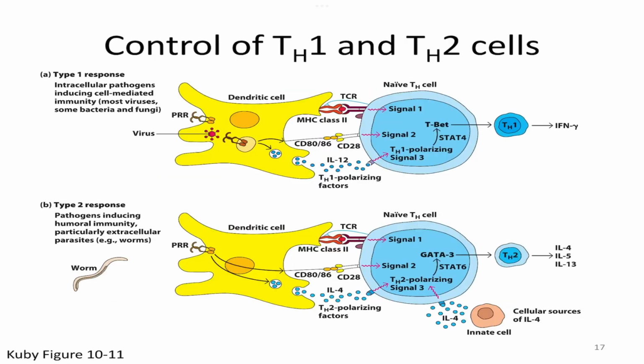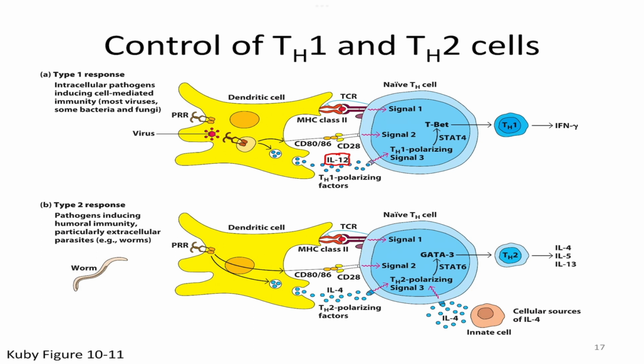So here you can see the original view of what we understood about helper T cell subsets when we just thought about Th1 versus Th2 cells. We can either have this Th1 type response that's shown at the top, where our antigen presenting cell makes IL-12 when it activates the naive T cell.